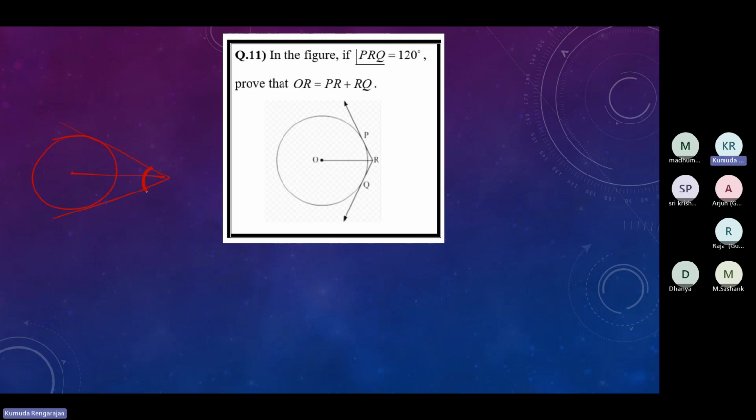If this angle is 70, it's going to be 35 here and 35 here, right? Similar situation. These are the two tangents from the external point R. This angle PRQ is 120, so it will be 60 here and 60 here. Okay.